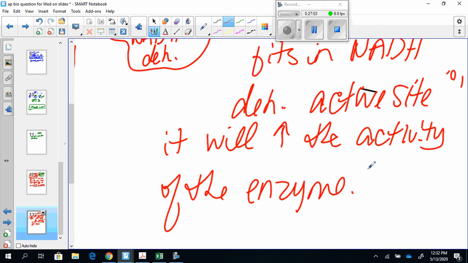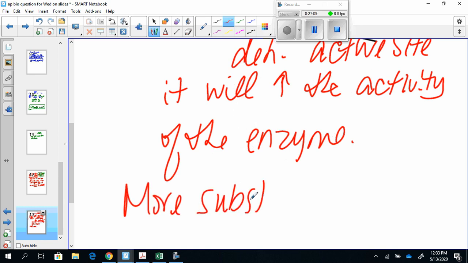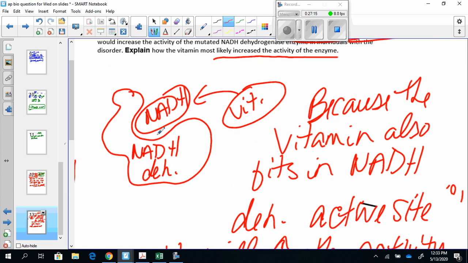The way that it works is it makes it seem like there's more substrate available, and that's making it turn on this enzyme. You just need it to fit in that space. So if the vitamin fits in there, it's going to work.